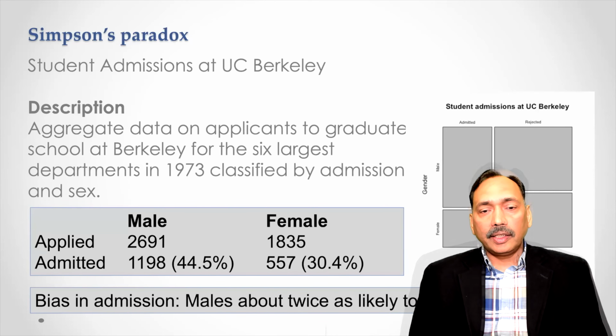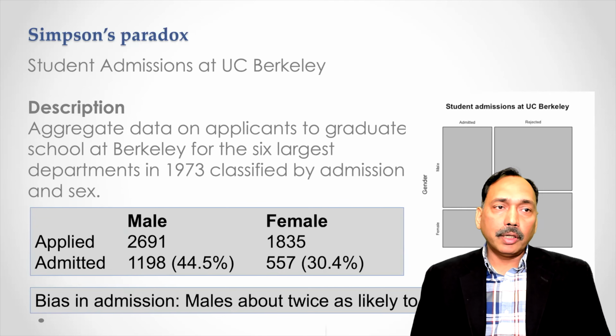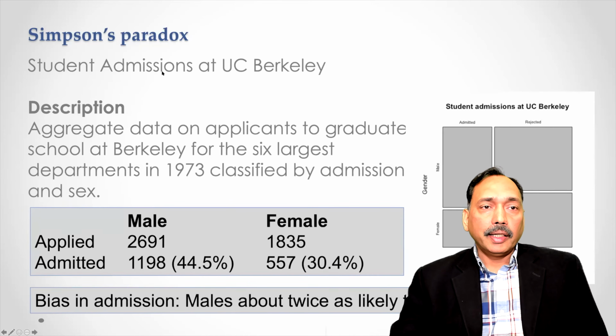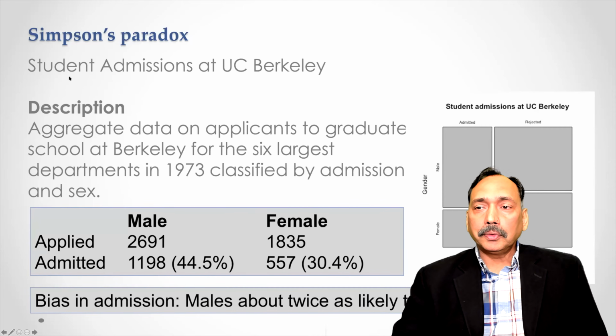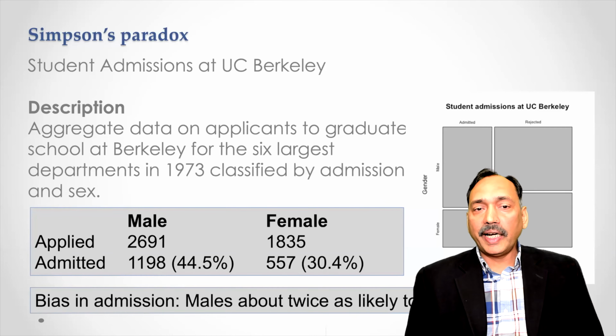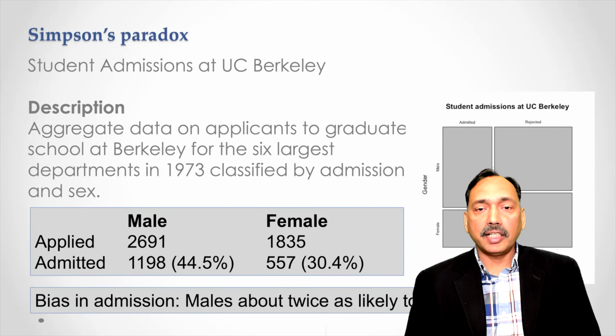There is an interesting paradox you may come across, or you may have heard of, Simpson's paradox. And it is important to realize that these things can happen when you look at any data or summary of data, so that you are on guard, you are cautious while making any conclusion.